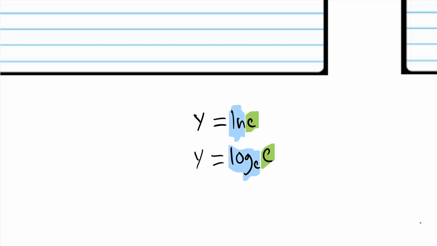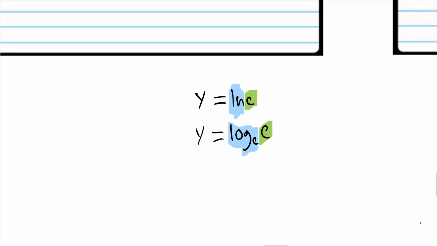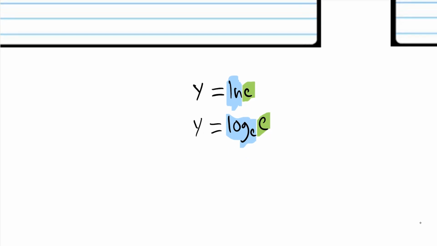That's what it means. So if you want to find the value of this expression, what we're looking for is y, right? We're looking for whatever y is. But remember, the most important thing with logarithms is to be able to translate back and forth between exponential and logarithmic expressions. So the base is going to be e, the exponent is whatever the logarithm is equal to, and whatever's in the logarithm function, that goes on the other side of the equation.